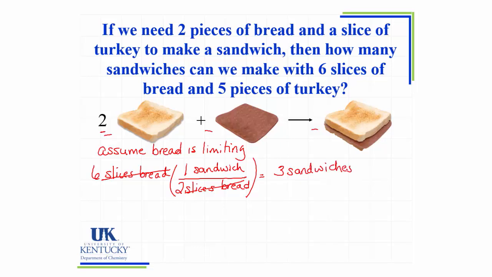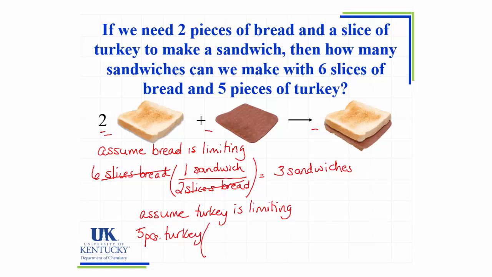So now I assumed bread was limiting. Now I want to assume that the turkey is the limiting reagent and therefore that the bread is the excess reagent. So I do the same thing I did with the bread. I have 5 pieces of turkey.